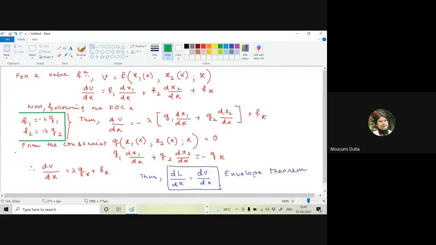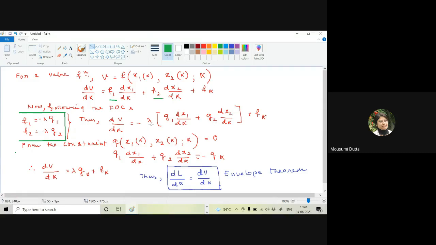Actually, we get f1 plus lambda g1 is equal to 0, f2 plus lambda g2 is equal to 0. So from there we can write f1 is equal to minus lambda g1 and f2 is equal to minus lambda g2. Okay, so in place of f1 and f2, I am plugging in minus lambda g1 and minus lambda g2.